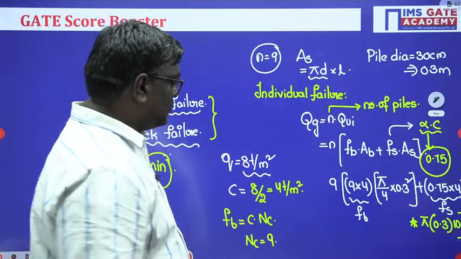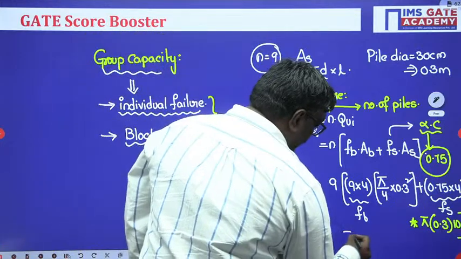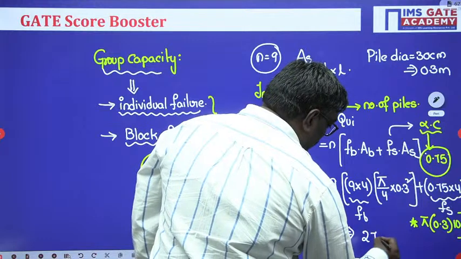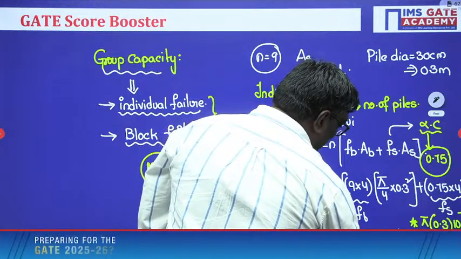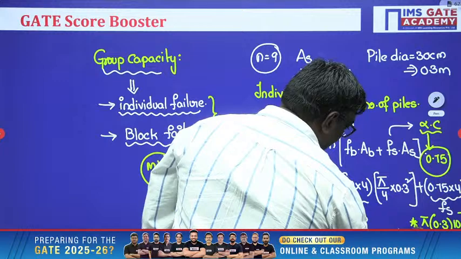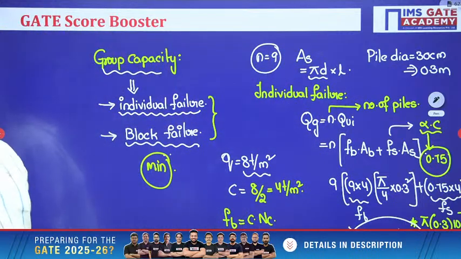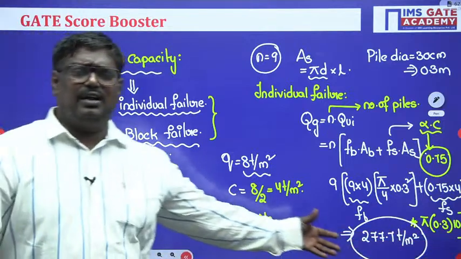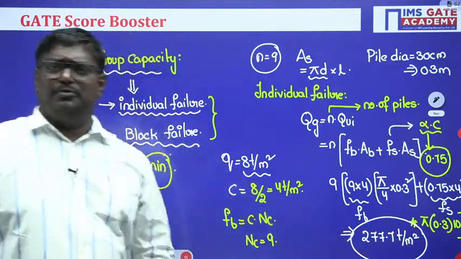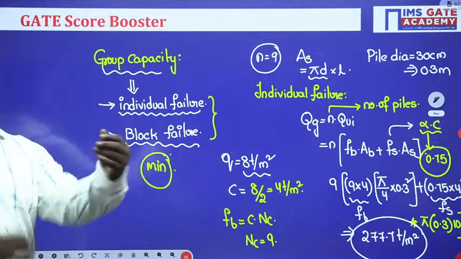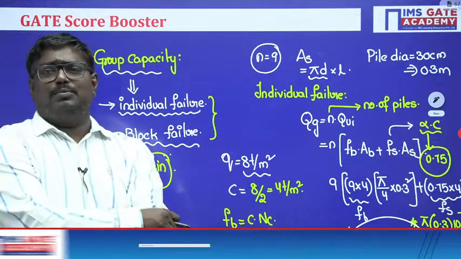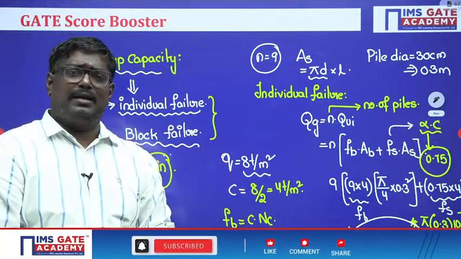I think you will get a value of around 277.7 ton per meter square. Am I clear, sir? This is the value which you will be getting after solving. Roughly around 277.14 or something, but you can remember it as 277.7 ton per meter square. Am I clear, sir?